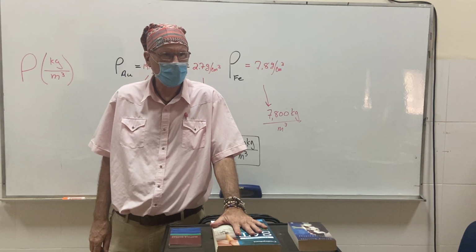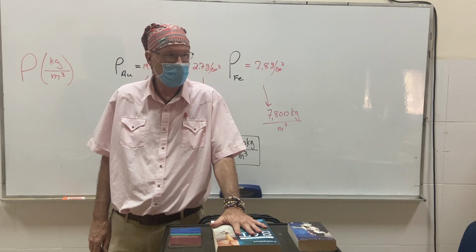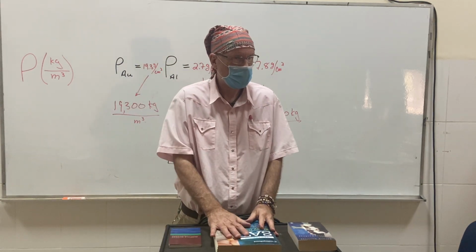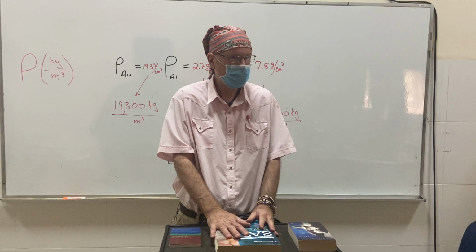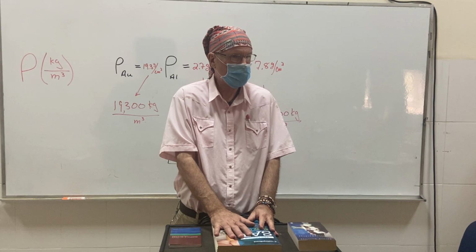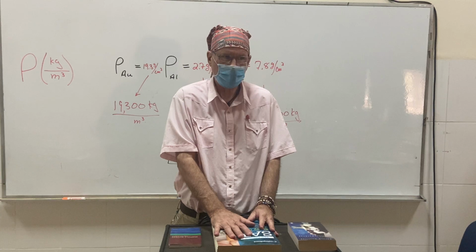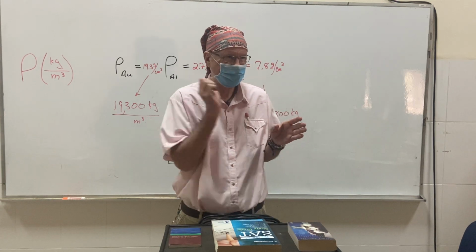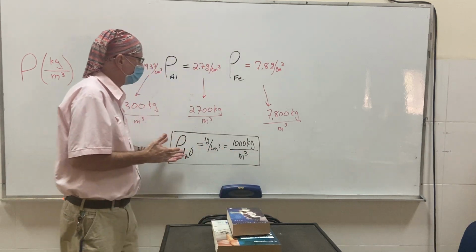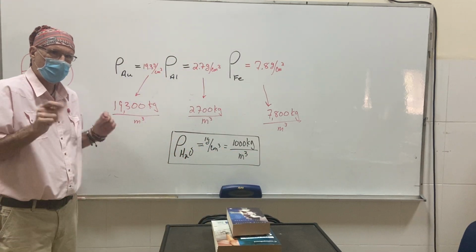The apparent weight is going to be the weight of the aluminum block minus the weight of the volume of fluid it displaces, correct? Yes or no? You with me? Good. Easy? I'm done.